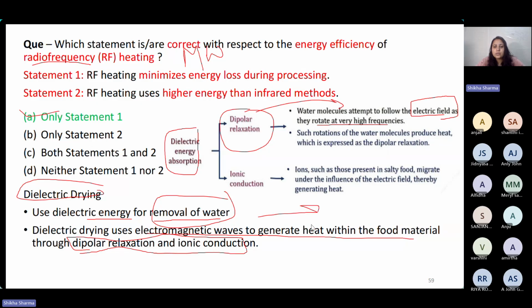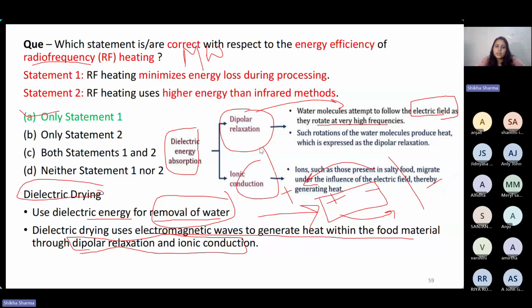So when the electric field is applied to the food, the water molecule acts as a dipole. The positive end is attracted toward the negative, and the negative end toward the positive. And since we are using alternating current, it continuously changes.